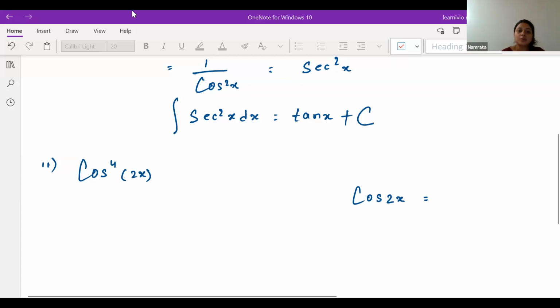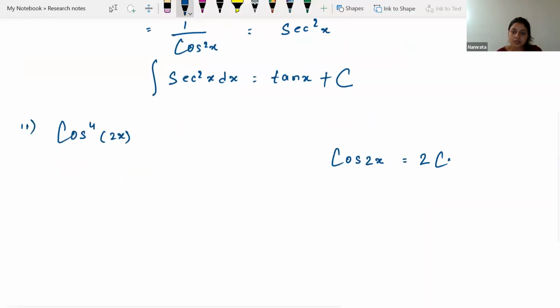Yeah, the formula is 2 cos square x minus 1, right? If I'm talking about cos 2x, then we will be writing 2 cos square x minus 1, right? Let me take that. 2 cos square x minus 1.